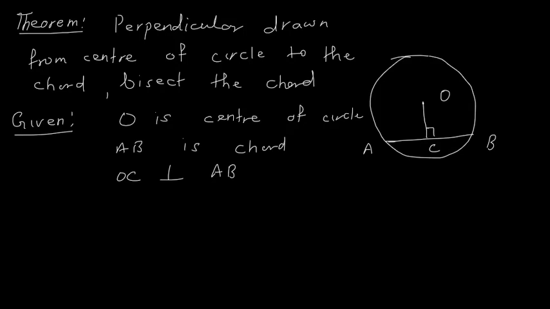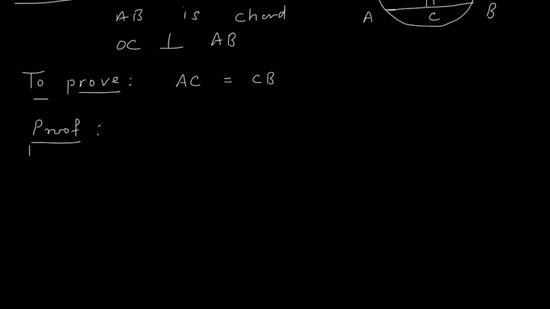This is given, and to prove, what we have to prove? We have to prove that this AC is equal to CB. Now let us see proof of this statement.